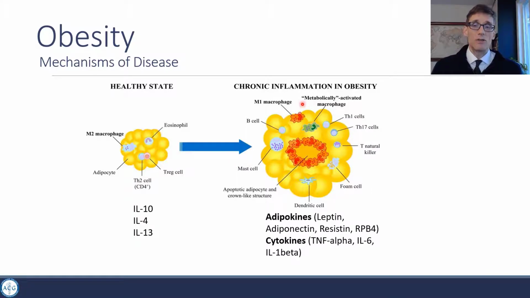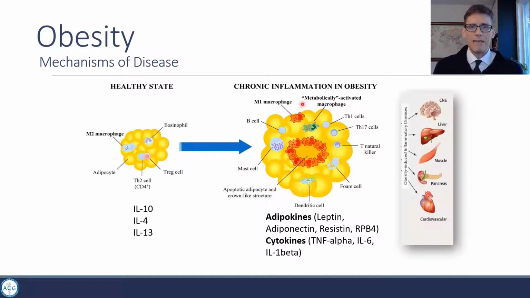And this tissue secretes substances such as adiponectin, resistin, and toxic cytokines, including TNF-alpha, IL-6, and IL-1 beta. And these substances are then released into the systemic circulation and contribute to those comorbidities we see associated with obesity, including vascular disease, NAFLD, and type 2 diabetes.